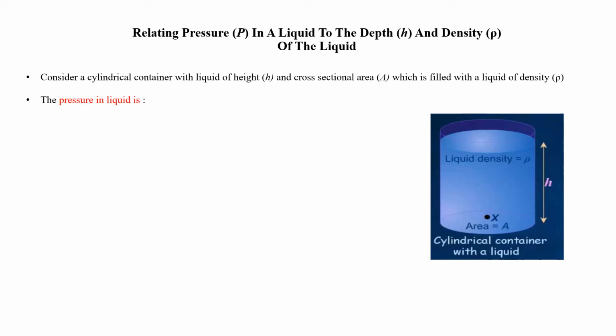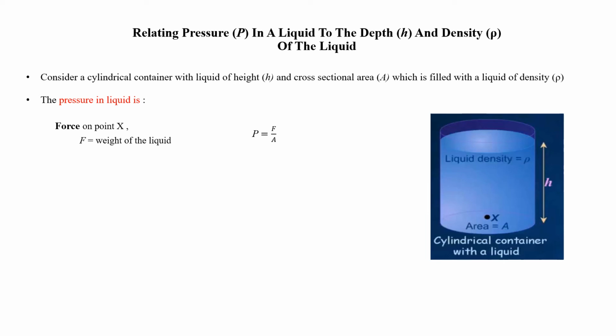So the pressure in liquid, for example at point X, is, first we know that the pressure is actually the force per unit area. So the force on point X is the weight of the liquid acting on the surface area.